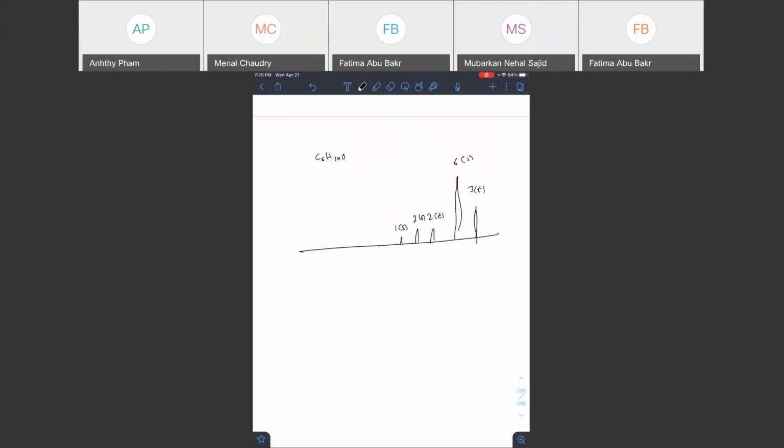So this one does have an IR spectrum with it, and as you guys know, the IR spectrum for the OH is pretty clear. So it does include an OH peak in there. So we know that this is an OH.